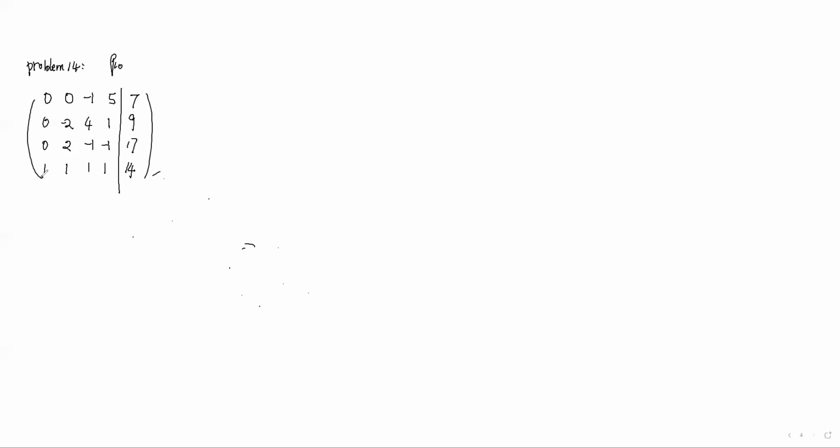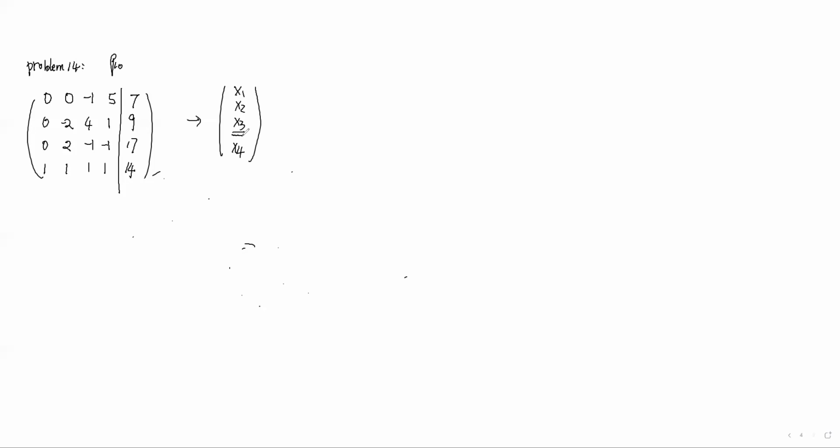For example, this problem is asking you to write the solution in x1, x2, x3, x4. The problem is asking you to use Cramer's rule and write the x3 component directly.